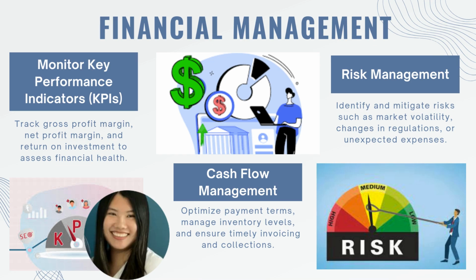The specific KPIs mentioned would be gross profit margin, which measures the profitability of a company's core operations by calculating the revenue remaining after deducting the cost of goods sold. A higher gross profit margin indicates greater efficiency in producing or acquiring goods or sales.